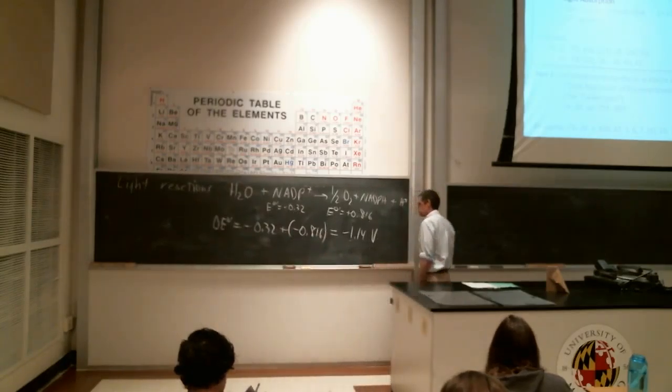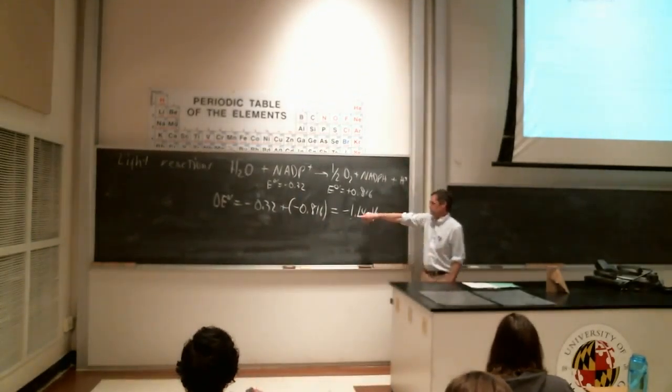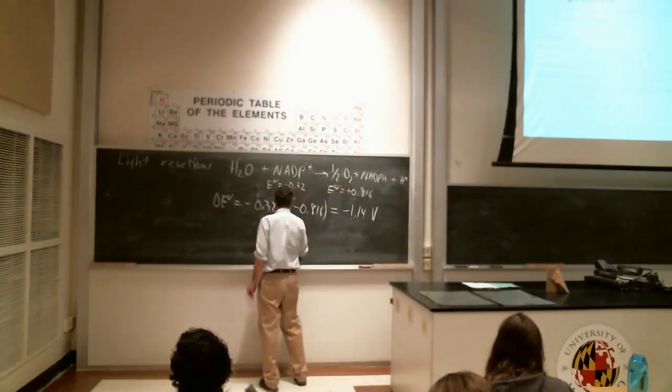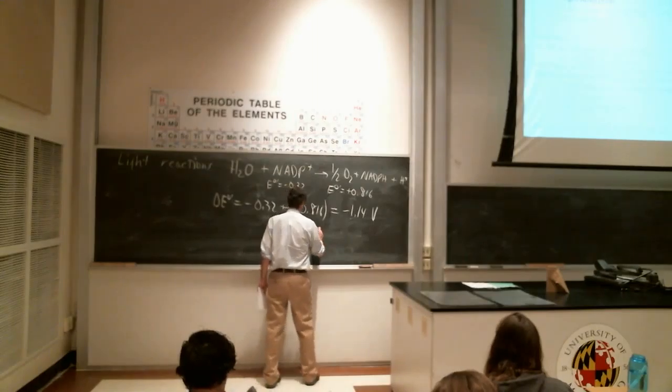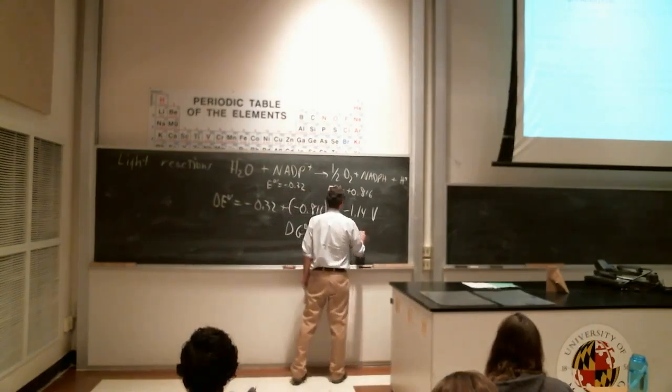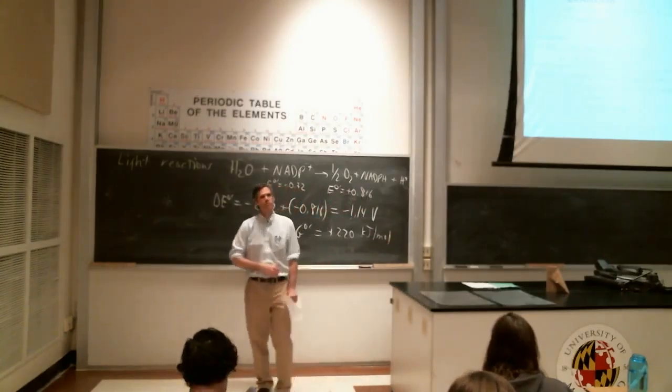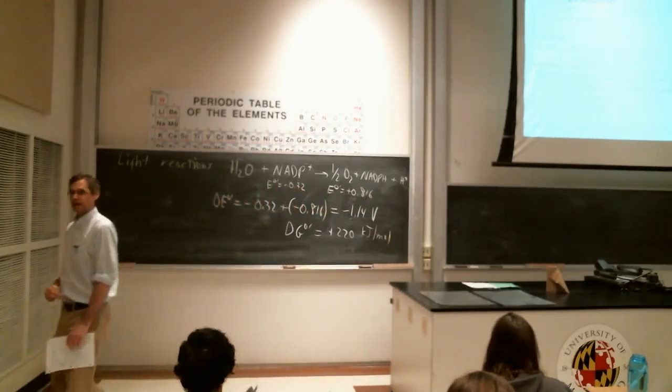If you plug this delta E value into the equation for free energy, the number that I got is that delta G0 prime for this reaction is plus 220 kilojoules per mole. So a very large positive free energy barrier against this reaction.